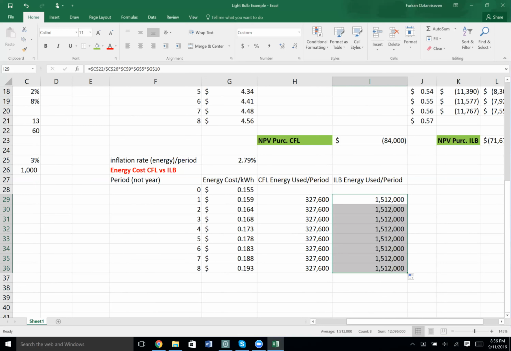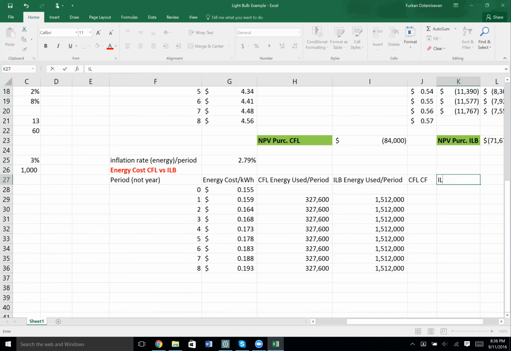Okay, perfect. Now I need to calculate my CFL energy cost, which is CFL cash flow in terms of energy cost, and ILB cash flows.